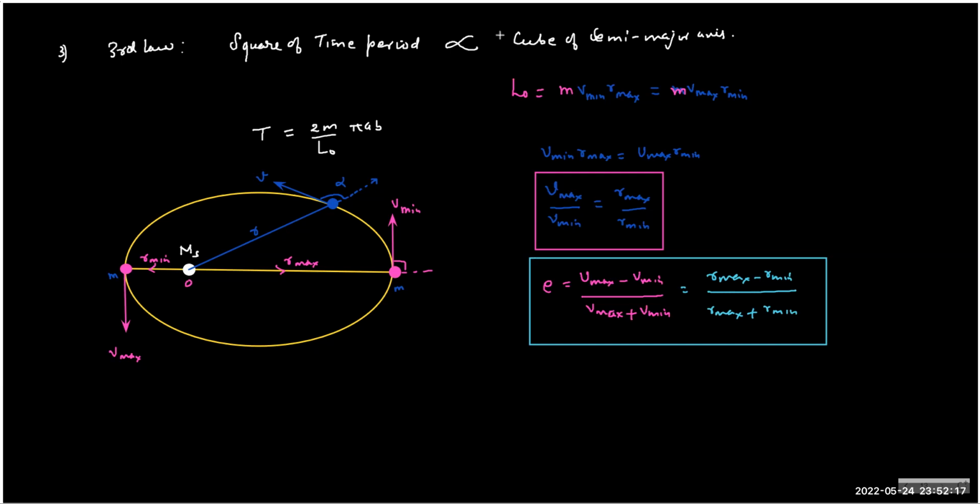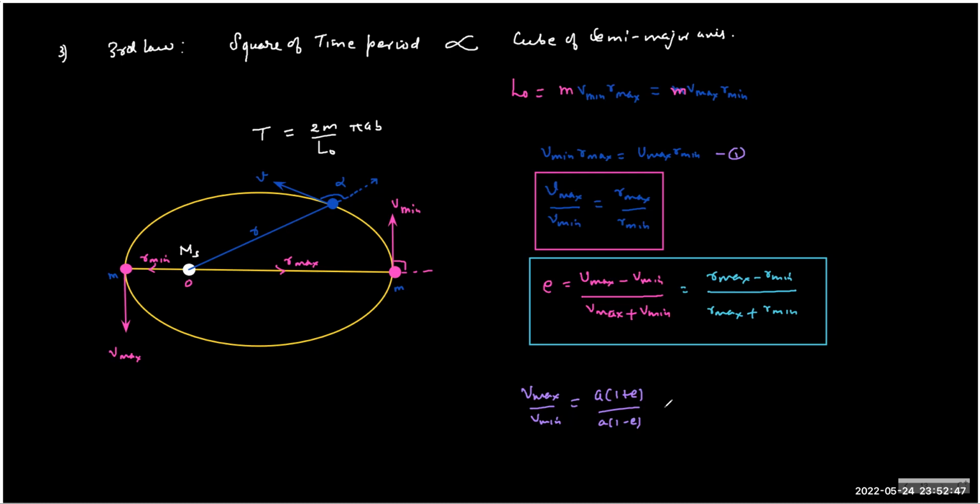So one should be aware that eccentricity can be written in these two ways. This is not required, but we really need it for this question. And what you can see is that R max and R min are known to us. If you want to express in terms of eccentricity, R max was 1 plus e, if you remember.